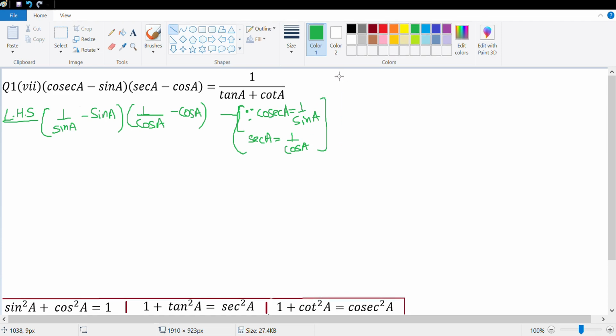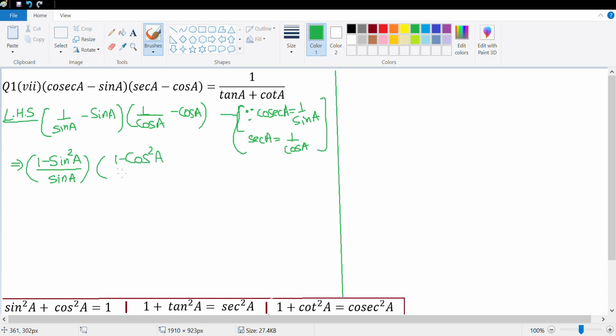Let's see how it will help us. Now I take the LCM and add. So this would become 1 minus sine square A upon sine A multiplied with 1 minus cos square A upon cos A.